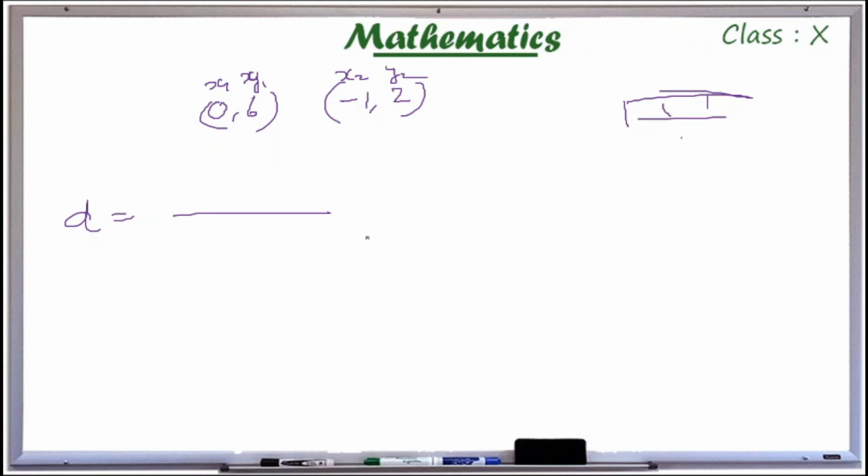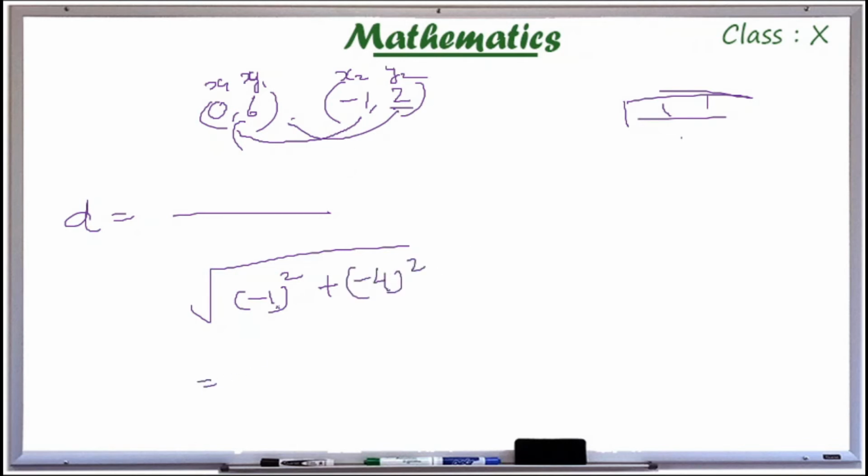Then substitute these values. Root of minus 1 minus 0, that is x2 minus x1, plus y2 minus y1, 2 minus 6, which is equal to minus 4.